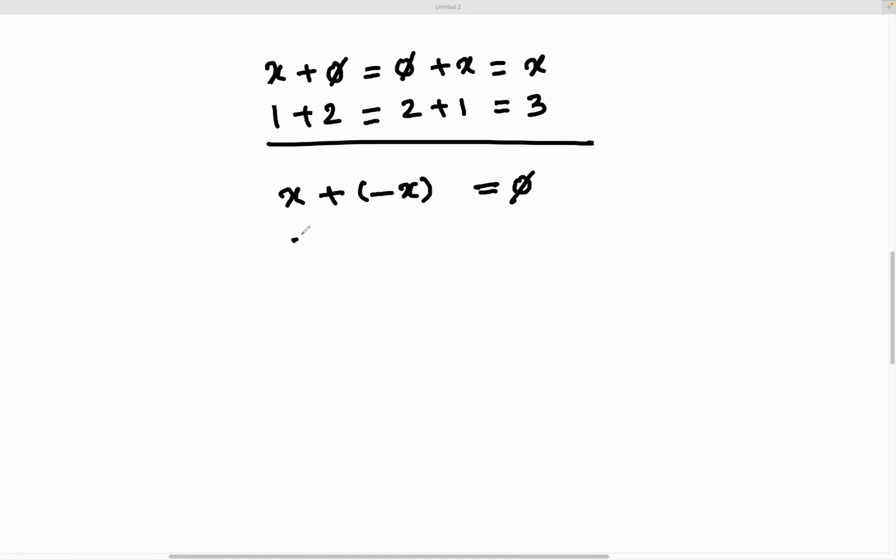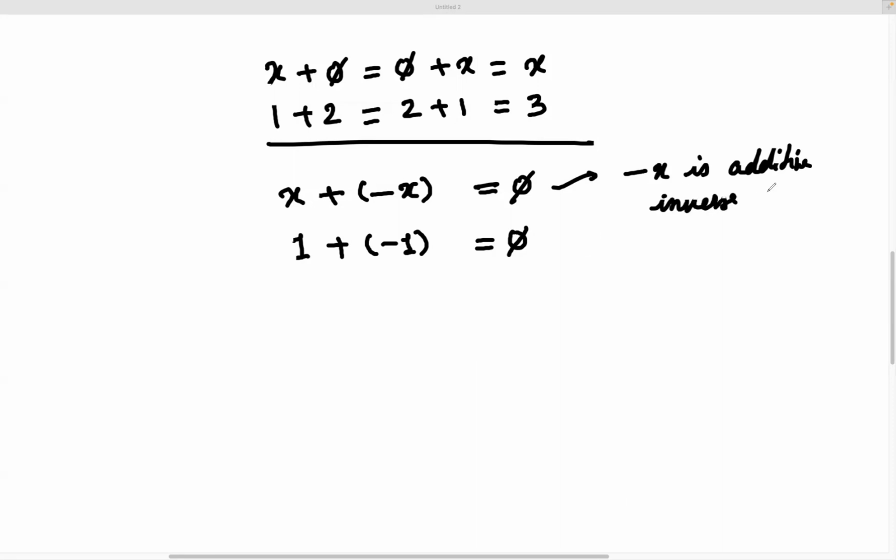So for example, if we have 1 and we add -1 to it, the output is 0. So here what we say is, in case of x, that -x is the additive inverse of x. So -x is additive inverse of x. That's what we are saying here.